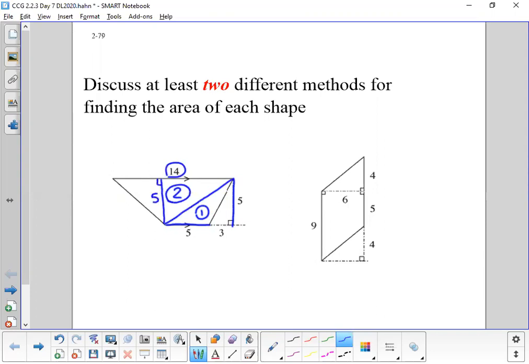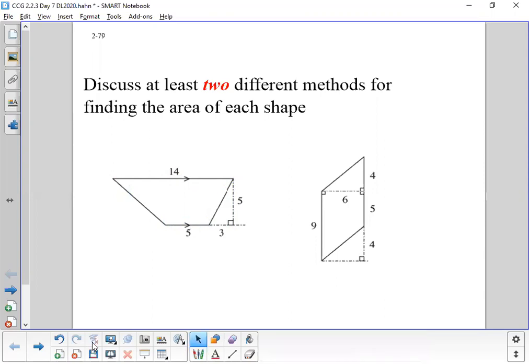So I could add those two triangles together. Or you could even think of it as 3 triangles: 1, 2, 3, and add those 3 together. So there's lots of different ways you can think about that one. And finally, there's a formula that you could Google and find and do the area of the trapezoid using that formula.